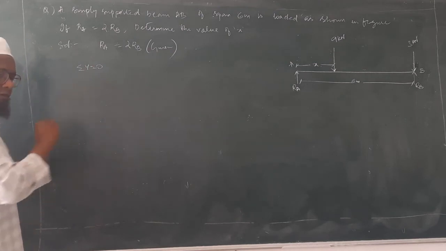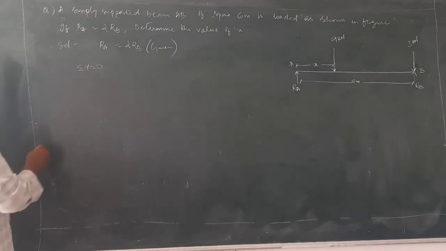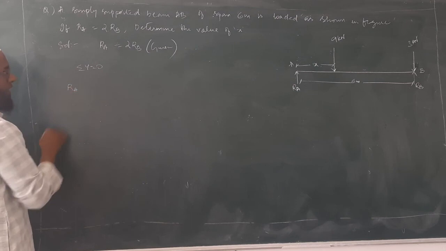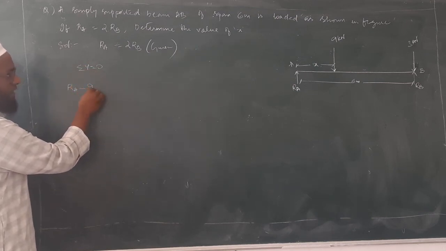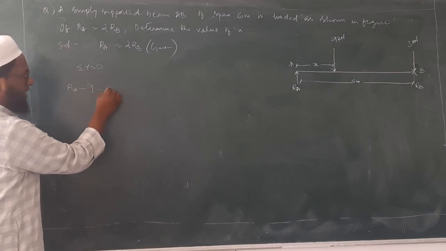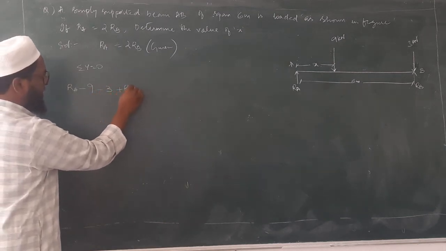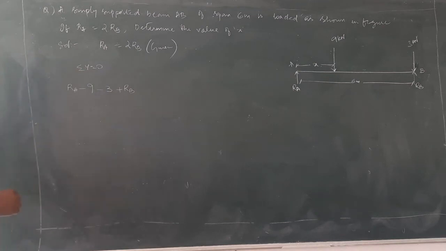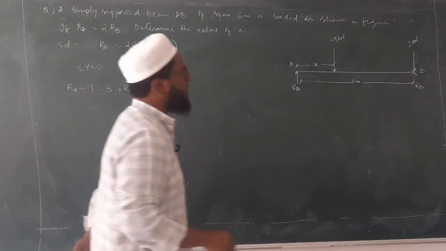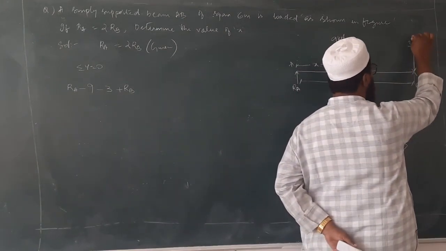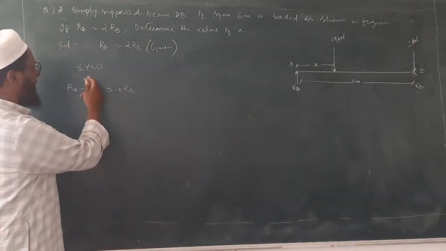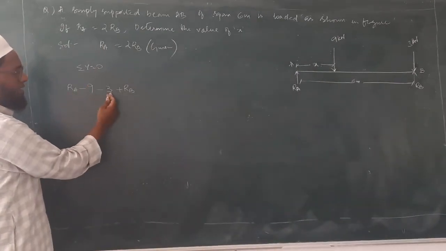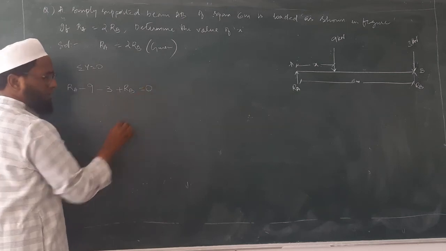So we have vertical forces again, right? So RA, then we have 9 kilonewton going in downward direction, minus 9. Then we have minus 3 plus RB. It's not 30, it's 3 kilonewton. So sigma y is equal to 0: RA minus 9 minus 3 plus RB is equal to 0.